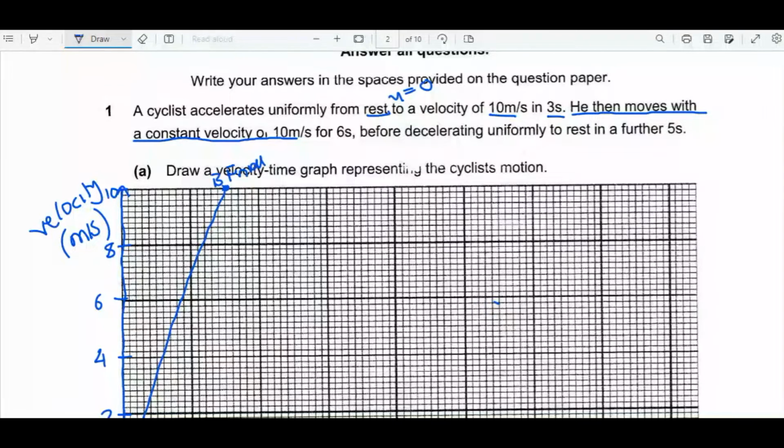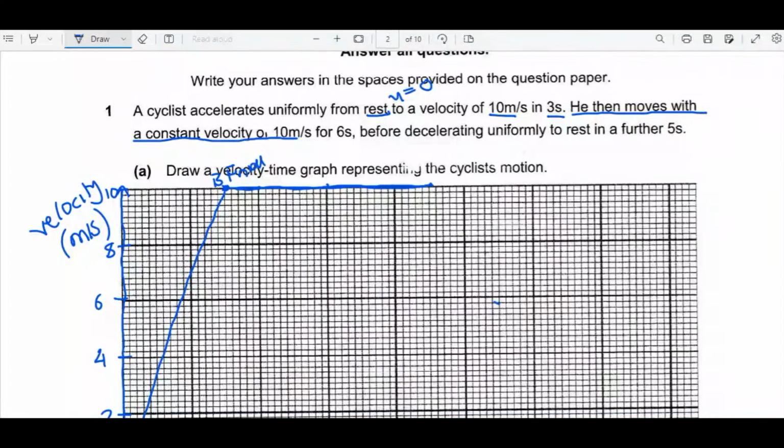So if this is 0, we'll say 1, 2, 3, 4, 5, 6 is somewhere here. So we are going to draw a straight line up to here. Why? Because we are told a constant velocity. Whenever you are dealing with a constant velocity, make sure you draw a straight line parallel to the x-axis.